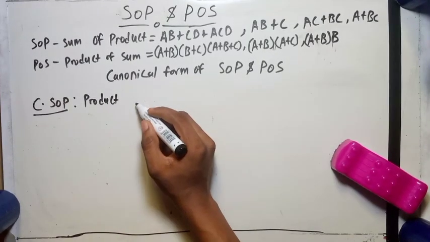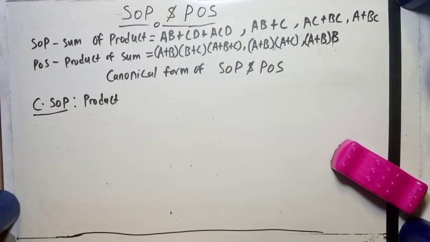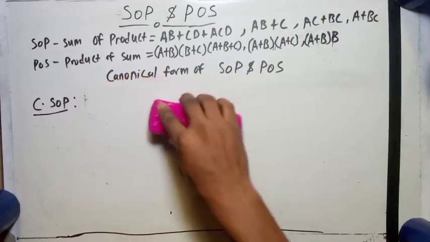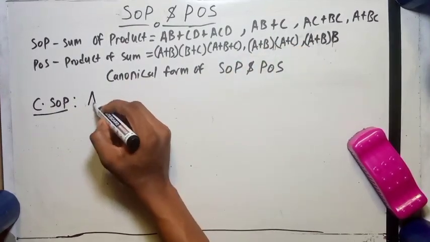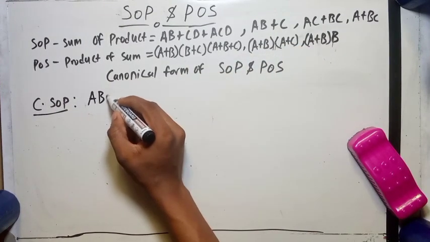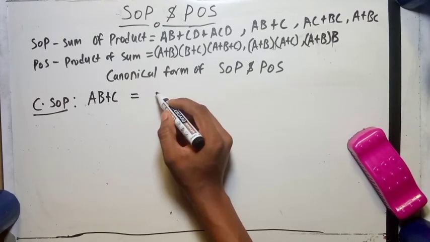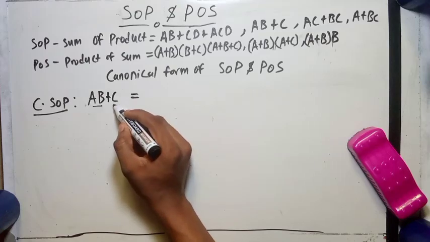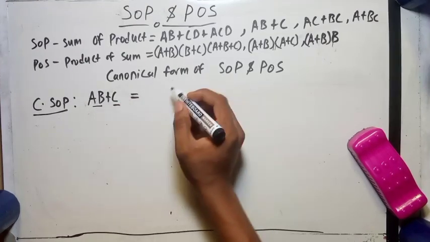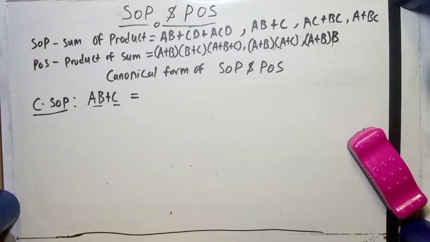So in this case, looking at this example here, we're having AB plus C. Our aim here is to make sure that each of the products, and this is a product, you can also call this a product, has A, B, C in each of them.